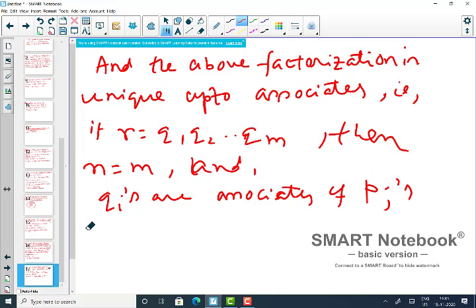So you can write your R as P1 P2 up to Pn, and also you can write it as some unit times Q1 Q2 up to Qn. If you multiply, associate means that P1 will be some Q3 times a unit, right?